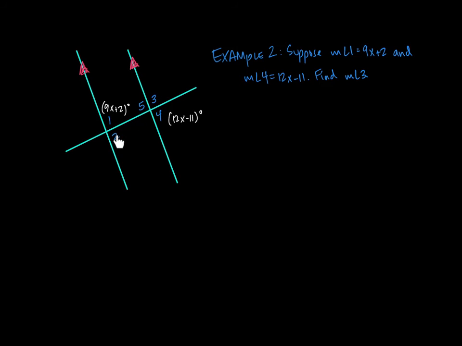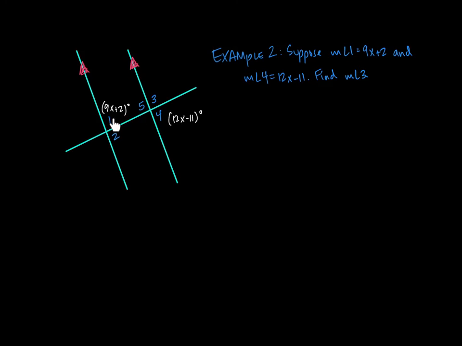Okay, so there's a couple ways that we could approach this problem. We could say, all right, will angles 1 and 4 be congruent? Well, no, not necessarily, because they're not one of the special pairs that we've talked about. They're not corresponding angles because angle 1 is in the top right-hand position among this group, but angle 4 is in the bottom right.